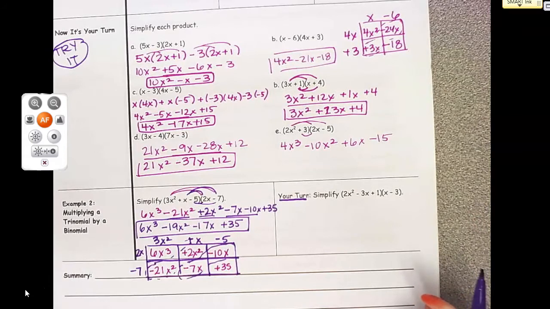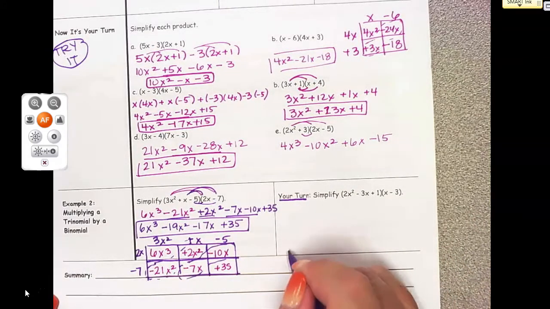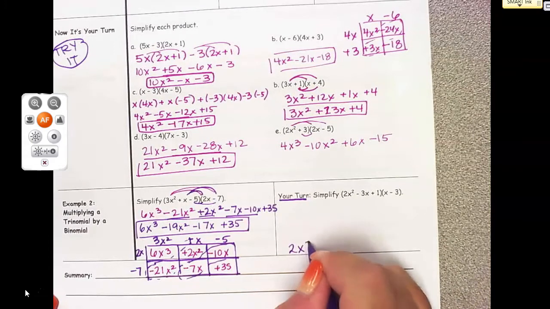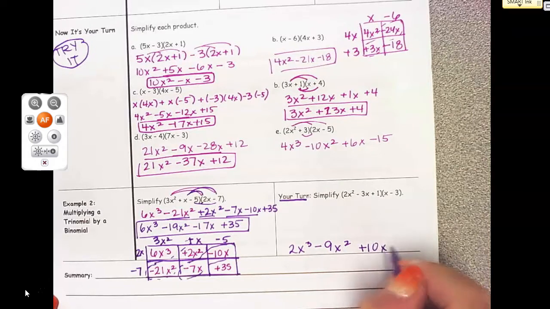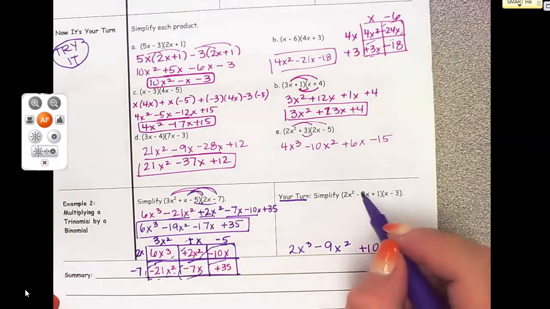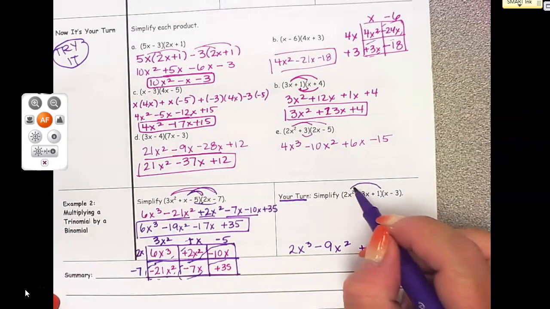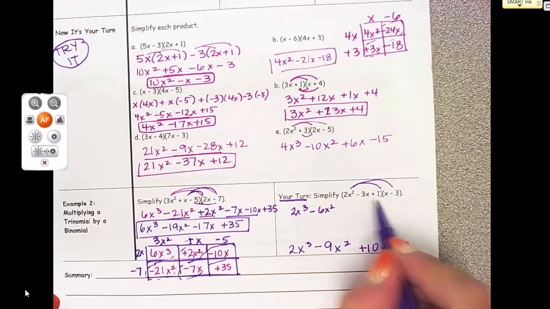Welcome back, students. Your final answer to the your turn problem should be 2x cubed minus 9x squared plus 10x minus 3. And I'll show you how I got there. I did 2x squared times x and times minus 3, so I got 2x cubed minus 6x squared.